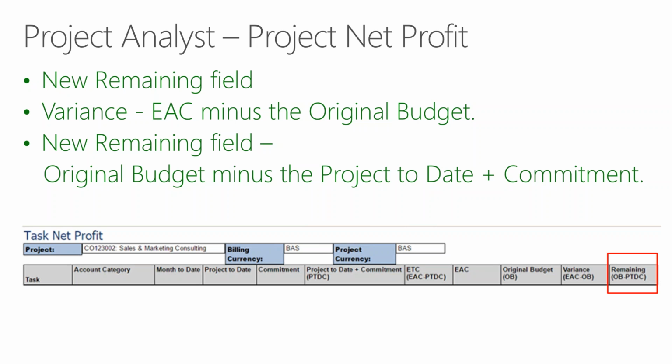Sure you can, and that's the big benefit of Project Analyst now: it is just a report, so you can add what you like. But this was feedback that said, hey, this little bit of additional information is really going to help me as a customer use this report to see how we're doing as far as remaining items. So we've added that new remaining field to, in this case, the task net profit.